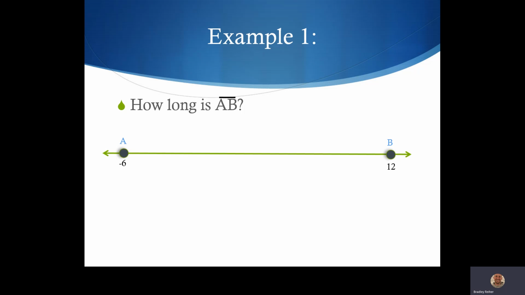I'm sure some of you have already thought of the other way to do it. If you're at B and you want to go to A, it's also 18 units. What you could do is take those coordinates, 12 and -6, and you could subtract them. 12 minus -6 gives you 18.